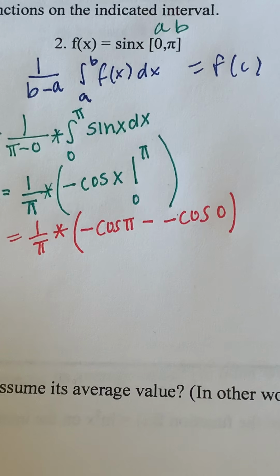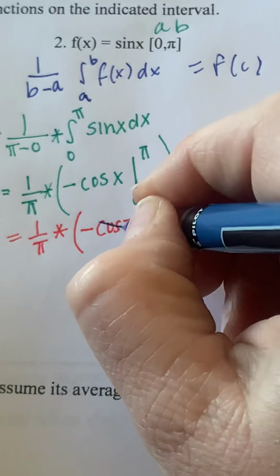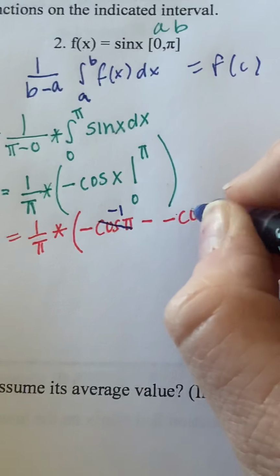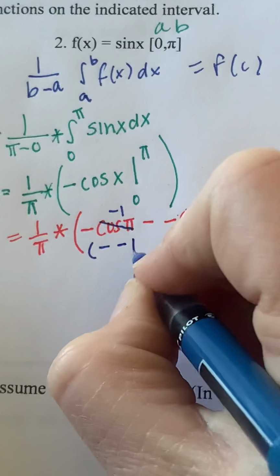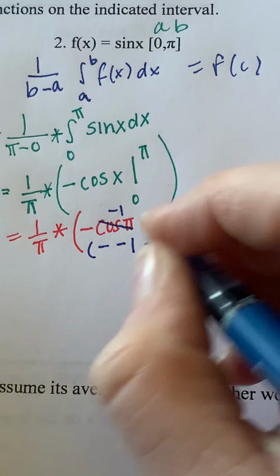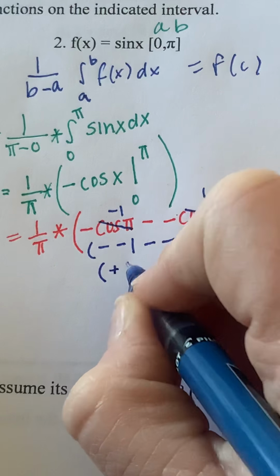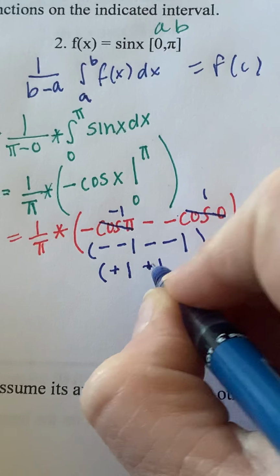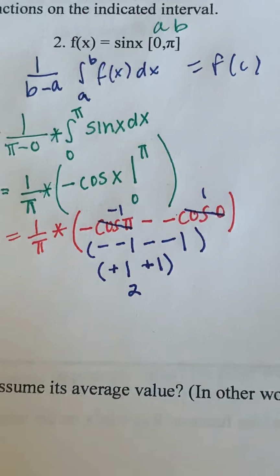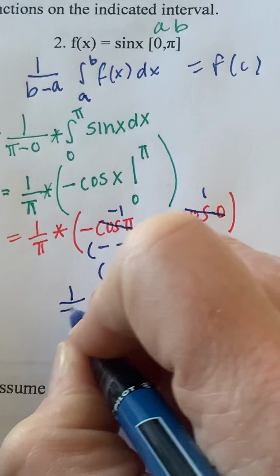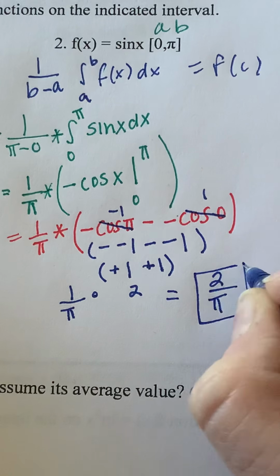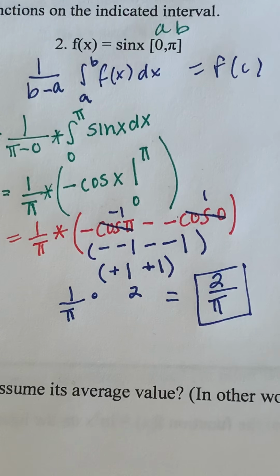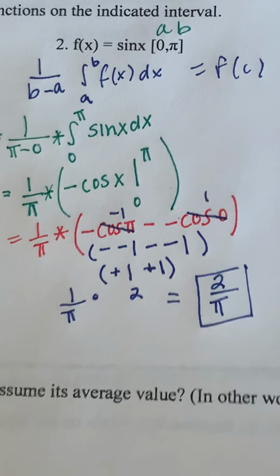All right, cosine pi is -1, and cosine 0 is 1. So with all my signs here, I'll have negative -1 minus -1, which is a positive 1 plus 1, 2. Okay, and we've got to times that by 1 over pi. Two over pi. That's the answer there.